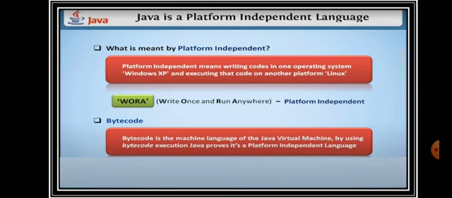By using bytecode execution, Java proves it's a platform independent language. So this platform independence is done only with the help of bytecode. As you know, bytecode is nothing but a machine language which is in the form of 0 and 1.